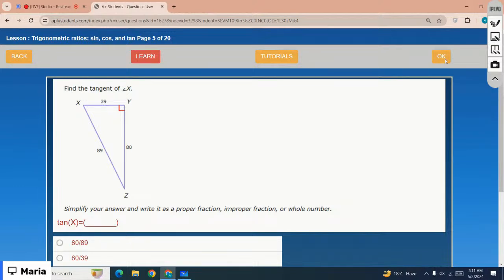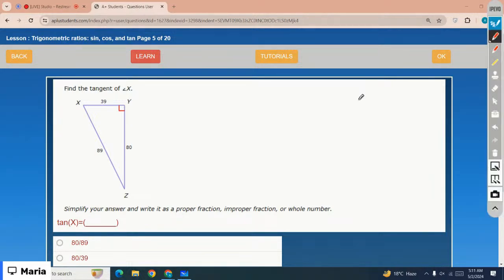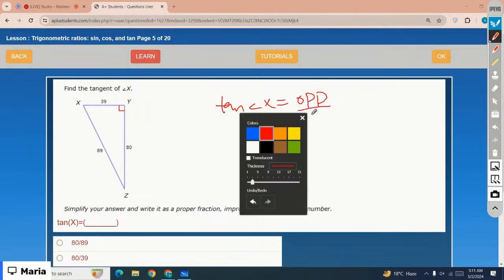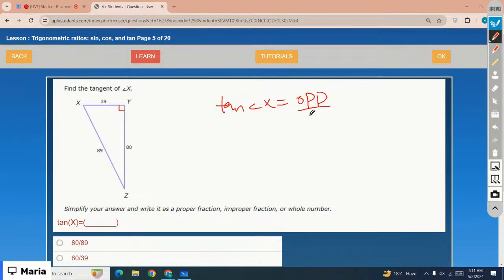Find the tangent of angle x. Tangent of angle x is opposite divided by adjacent. Opposite to angle x is 80 and adjacent is 39.